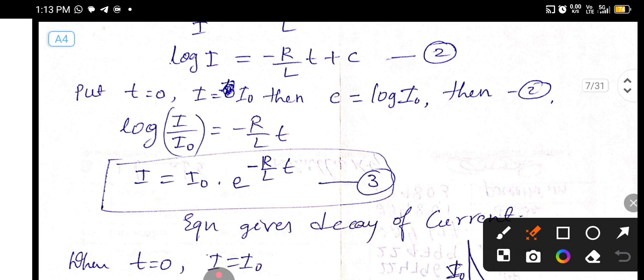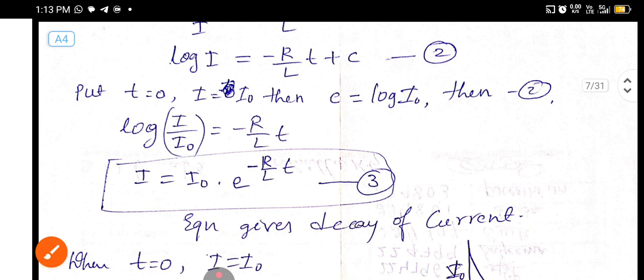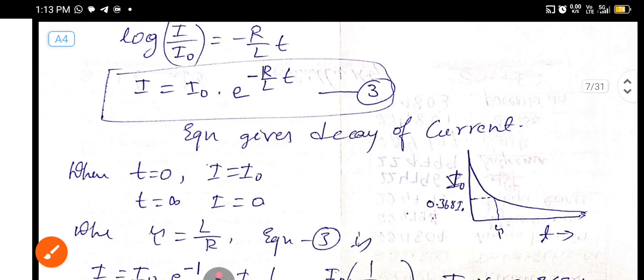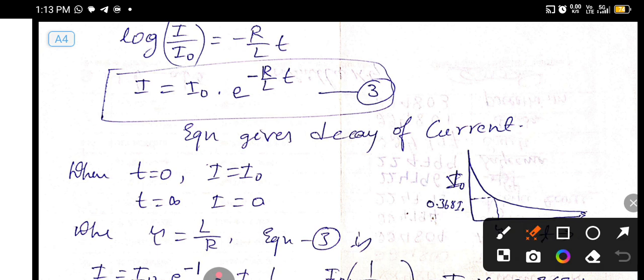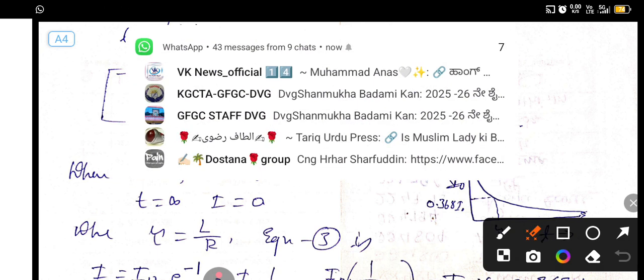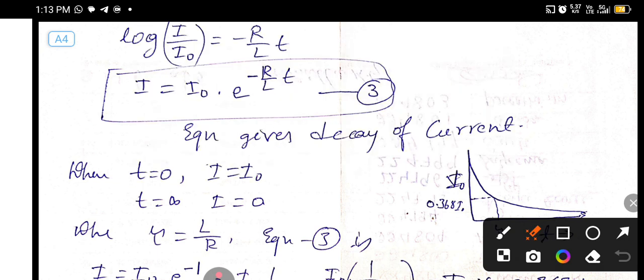This gives the decay of current in an LR circuit. This is the current expression. If we discuss the cases, when t is 0, the I is maximum. When t is infinity, I tends to 0 because it goes on decreasing.